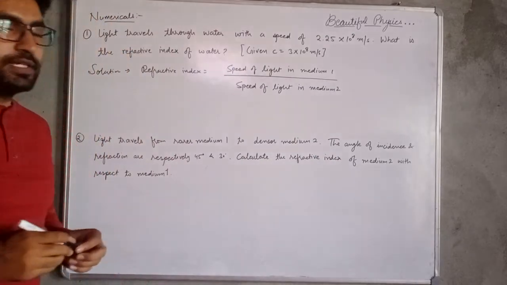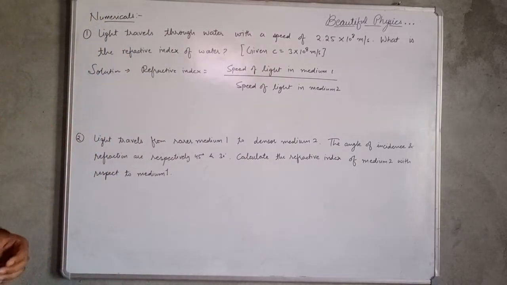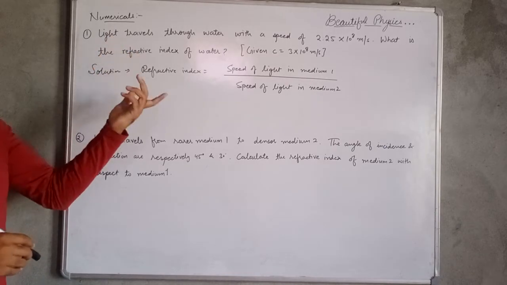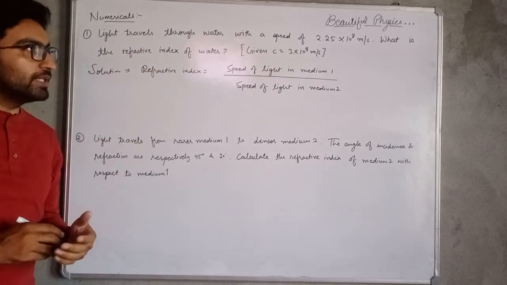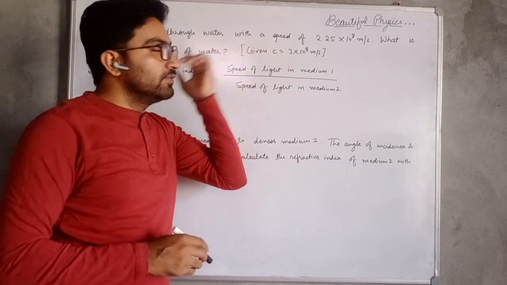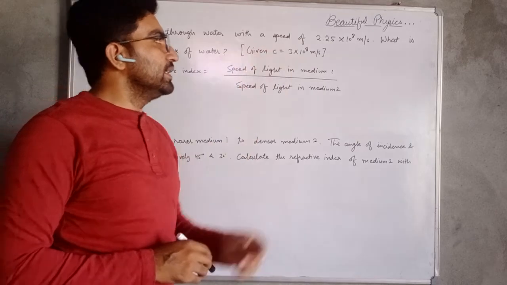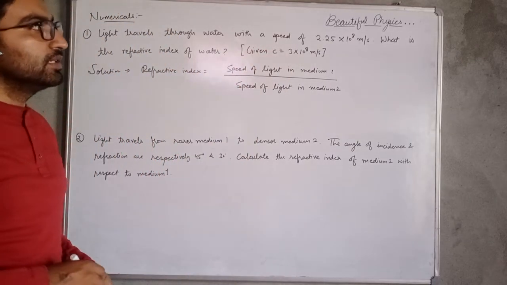Here we are taking the case that light is traveling from rarer medium to denser medium, and I am taking the rarer medium as vacuum, because it is given that the speed of light is 3 into 10 raised to power 8 meter per second.